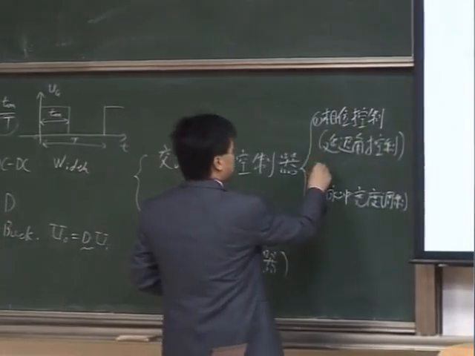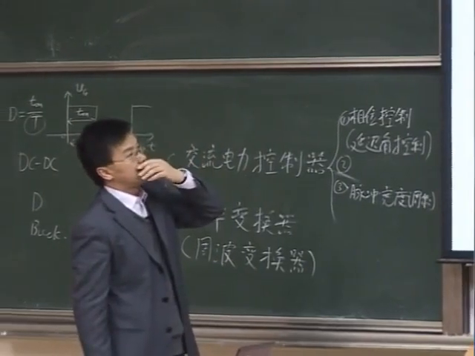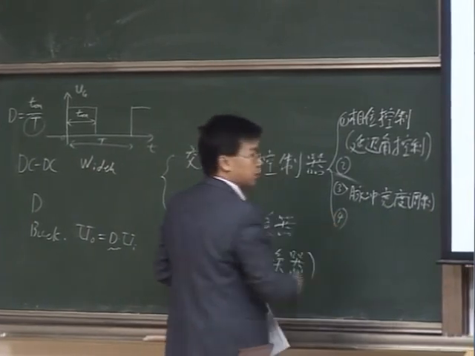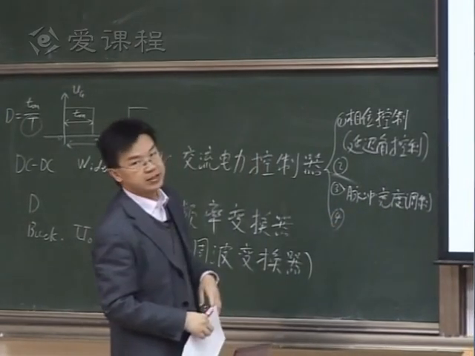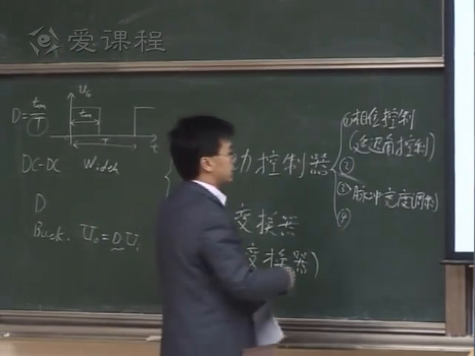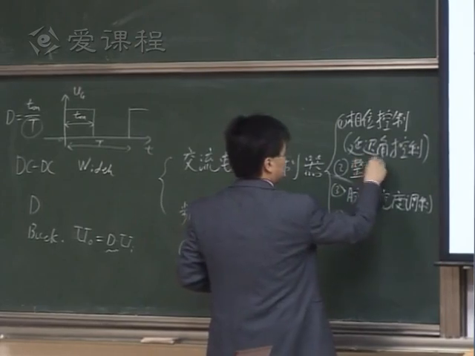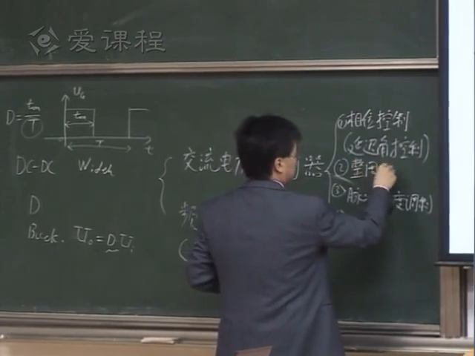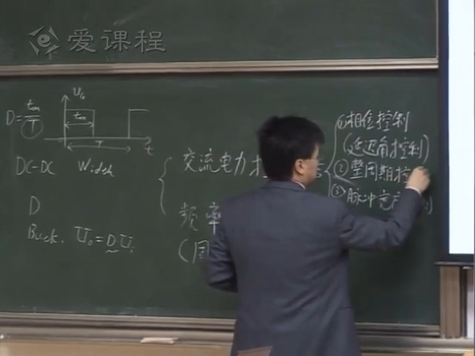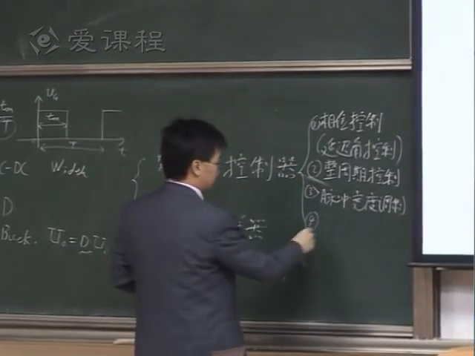And actually for AC controllers, we have two other control methods. We didn't see that before. One is what we call integral cycle control, and the fourth one is on-off control.